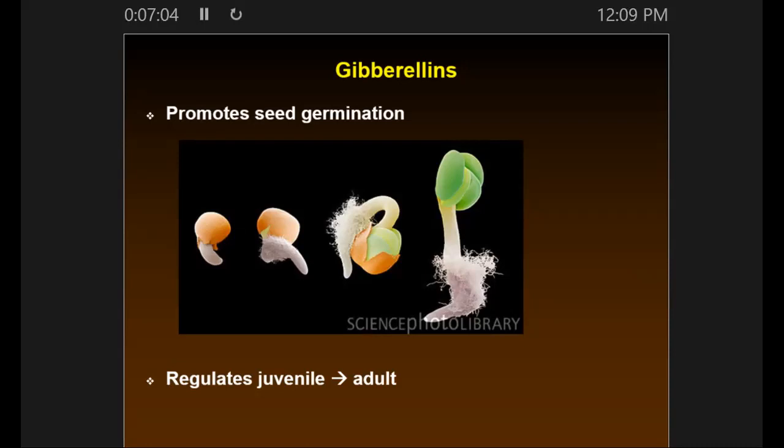Okay, and so this idea that plants have their own puberty where, before you go through puberty, you can't produce viable offspring. And it's the same thing with plants. In the juvenile phase, they just can't do it yet. And so, of course, if you think about that, it's a huge step in the plant's life, going from immature to mature. And so the gibberellins playing a role in that is very important.